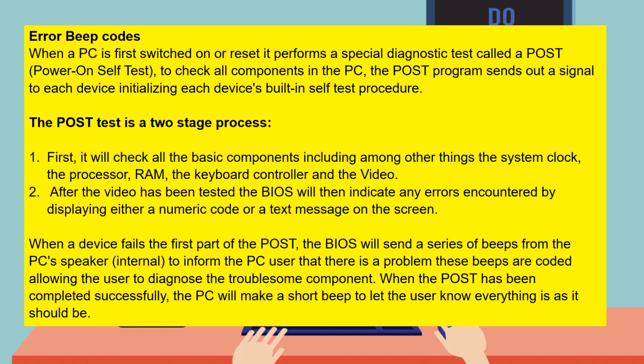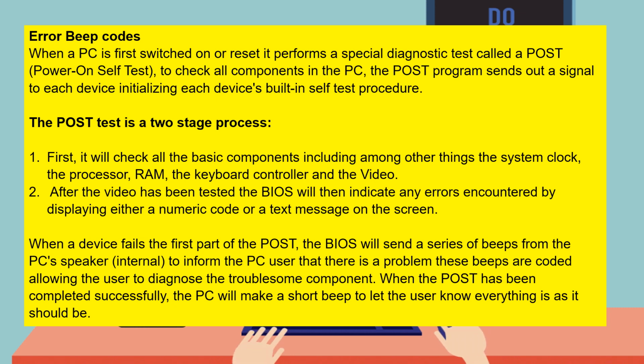First, it will check all the basic components, including among other things the system clock, the processor, RAM, the keyboard controller, and the video. After the video has been tested, the BIOS will then indicate any errors encountered by displaying either a numeric code or a text message on the screen.